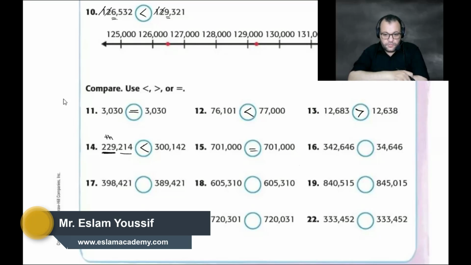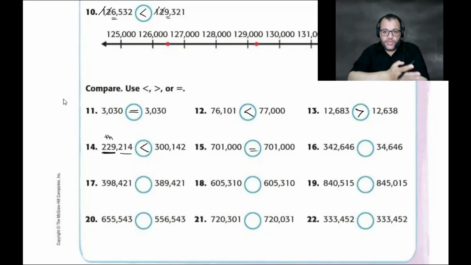Read the number, please. Put the sign. Just a minute. We divide the number into periods. That is the first period, and that is the second period, that is the 1,000.